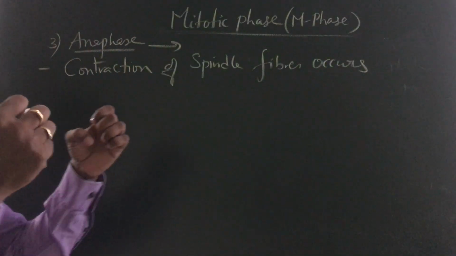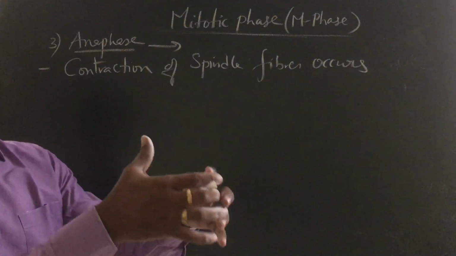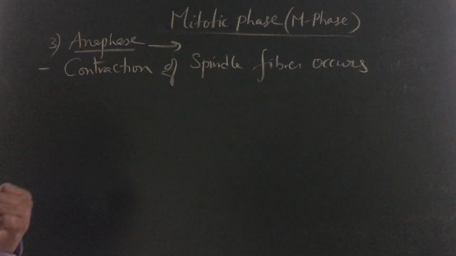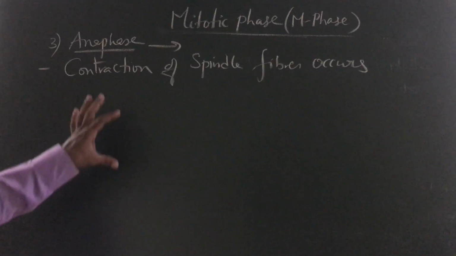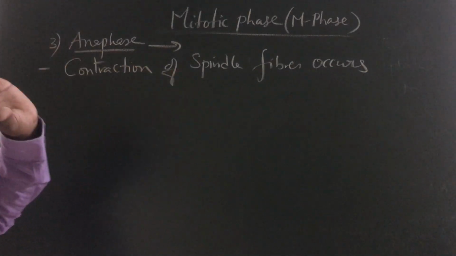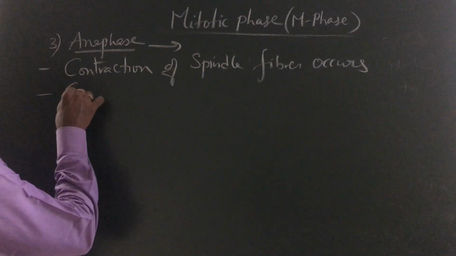When they contract, they automatically pull. So the centromere splits and separates the two chromatids.